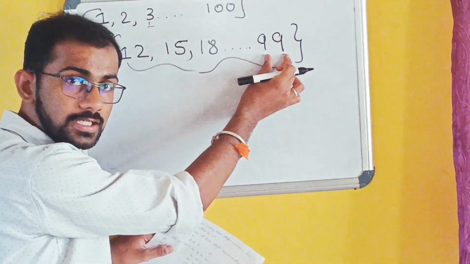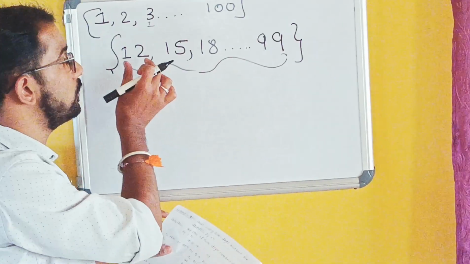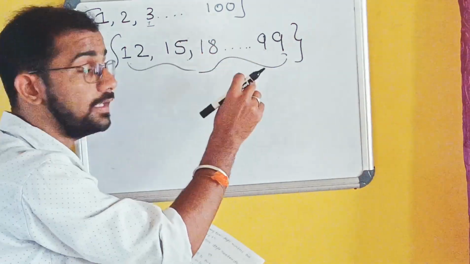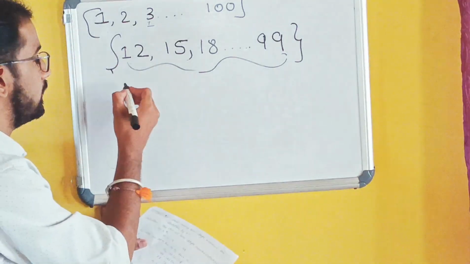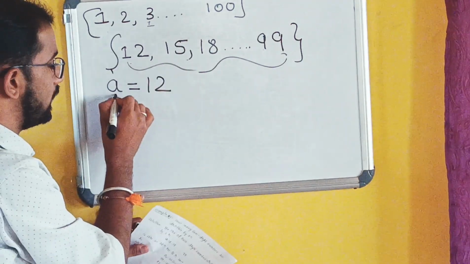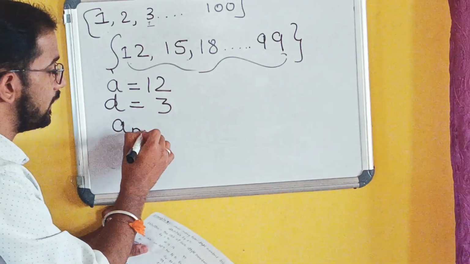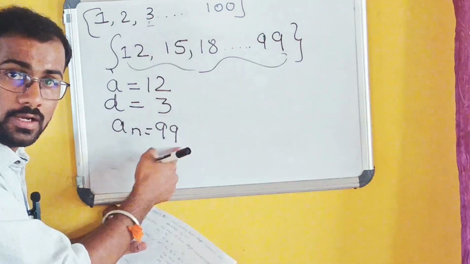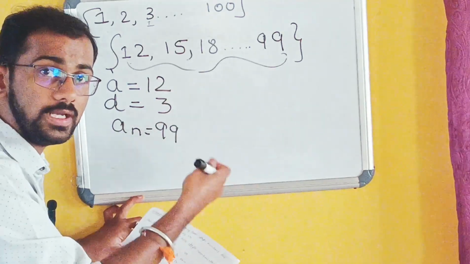We know the first term a as 12, the last term an as 99, and the common difference d as 3. From this data, we need to calculate n.